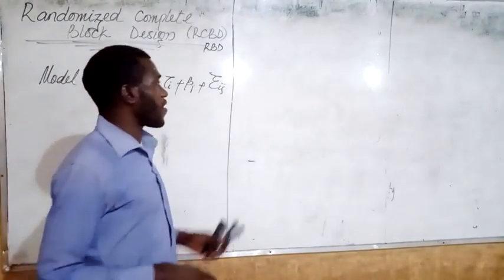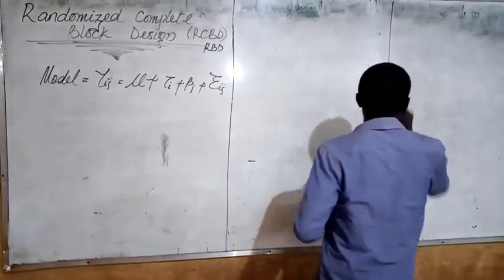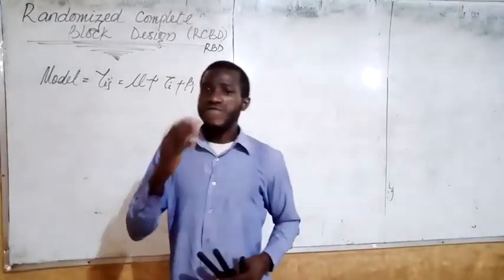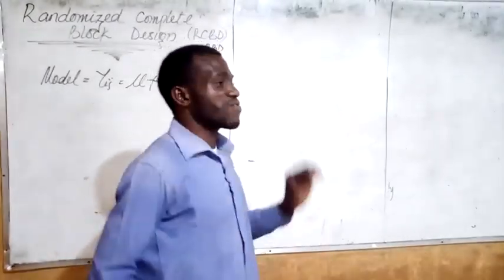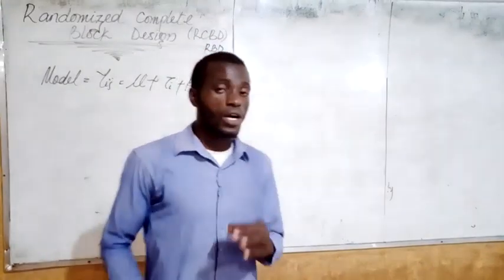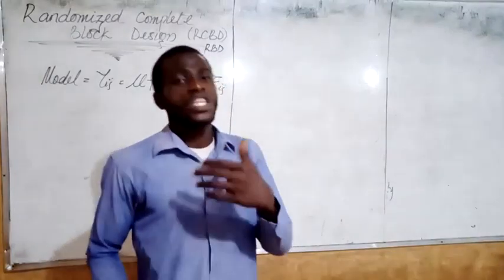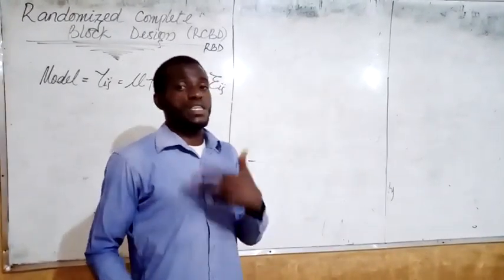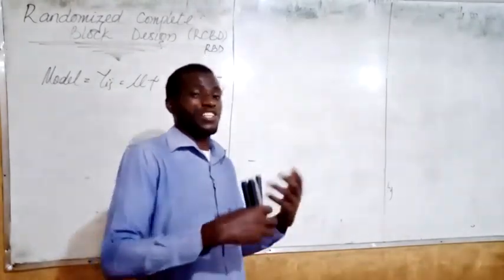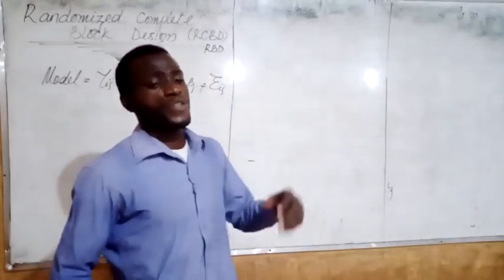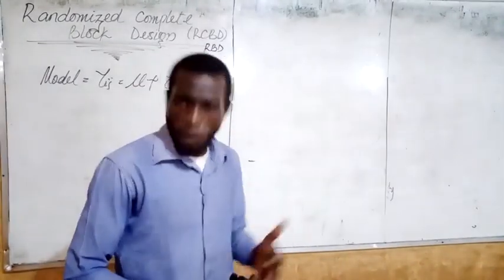Another thing you should know about blocking is this. By the time we begin our computation, when we'll be taking our variance ratio, please take note: we don't take the variance ratio of our MS block. We don't calculate the variance ratio with respect to block. Why? Because the only reason we need the blocking is to make sure we have a higher degree of precision in our experiment, and also to make sure that our data set is as heterogeneous as possible.